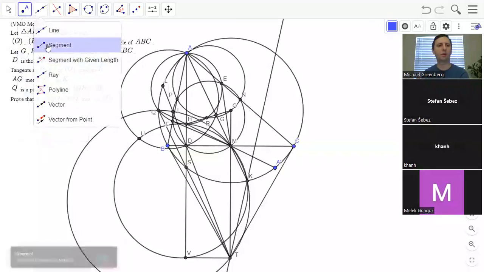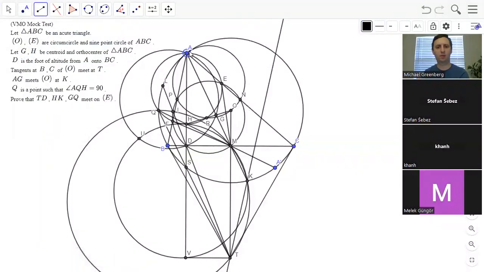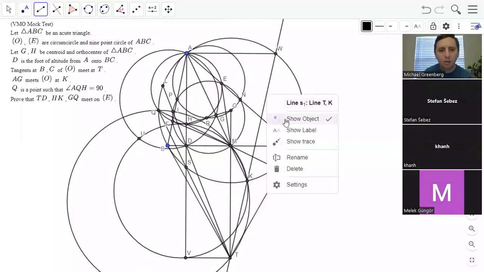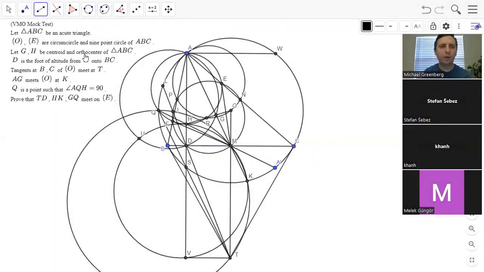And for TQM, we use the fact that QS is a median and QM is a median, and then we can calculate angles. So that's how you show that QMKT is cyclic.